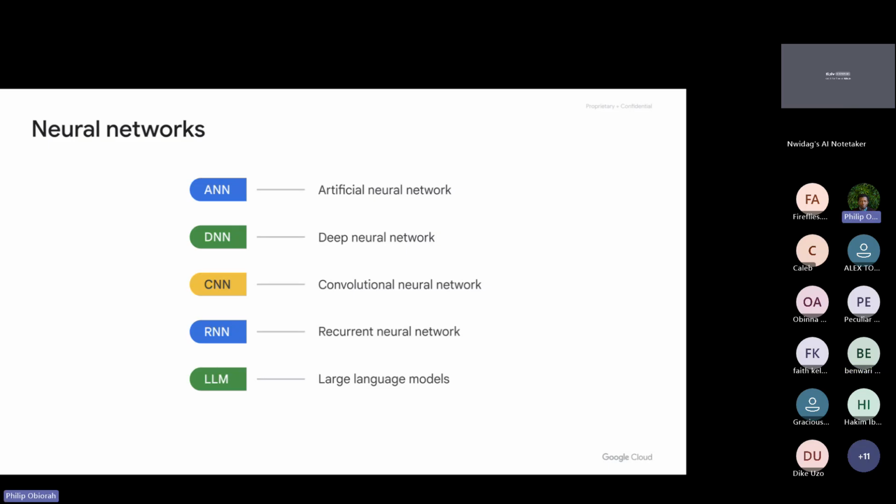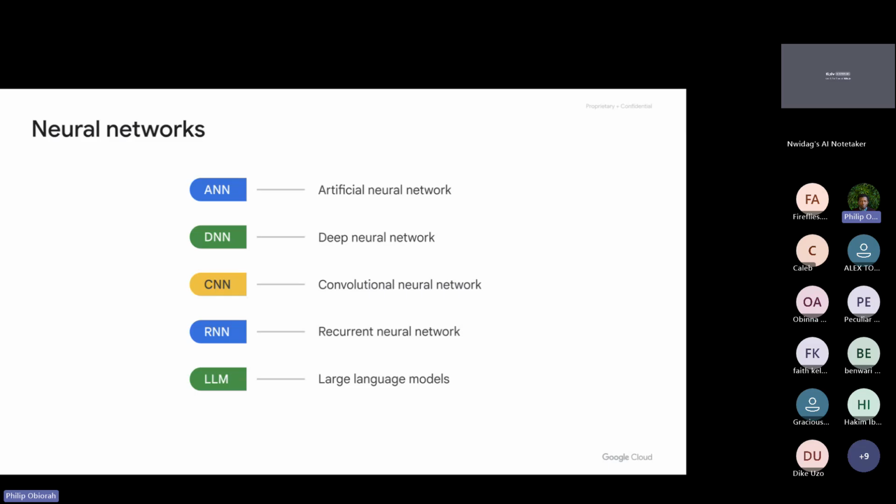Right, great. So these are like different kinds of brain-like computers. Some are good at pictures, like the convolutional neural network. If you've done anything with pictures, you would have come across the convolutional neural network. Then some are very good at remembering things in order. That is the recurrent neural network.